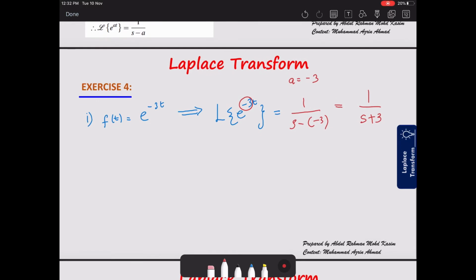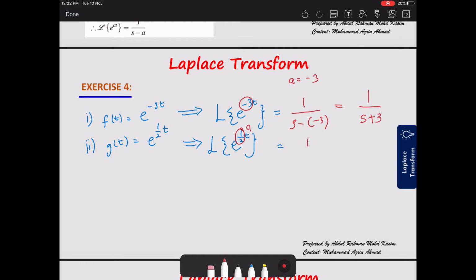Let's say you have another question. For example, you have a function g, you have exponent 1 over 2t. So you have the operator over here, and then exponent 1 over 2t. What is the answer? Look at here, this is your a.